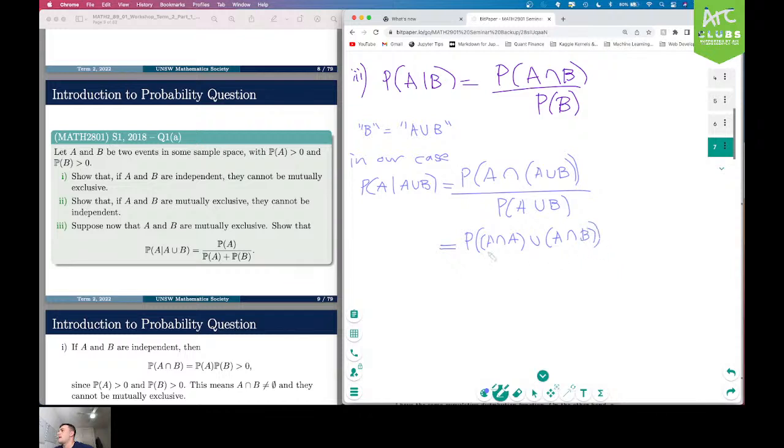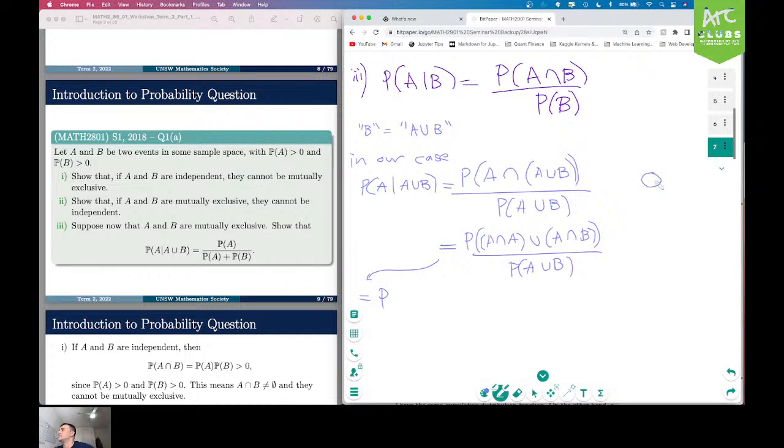Like that. Over the probability of A union B. Cool. Now what you're going to see here is that what we get, I'll just move it over here. So what we get is the probability of A intersect A, which is just A. And A union, now this is actually going to be the empty set because they're mutually exclusive.